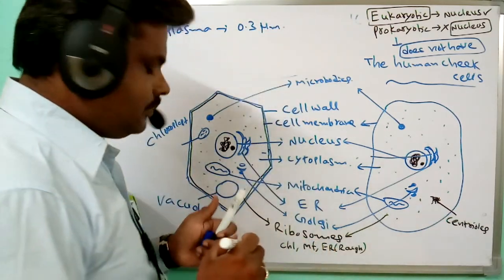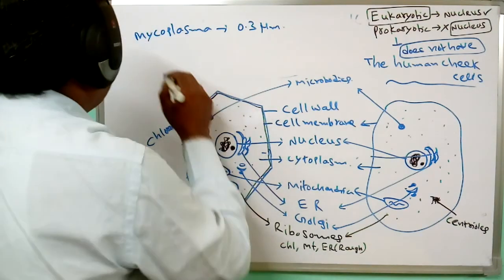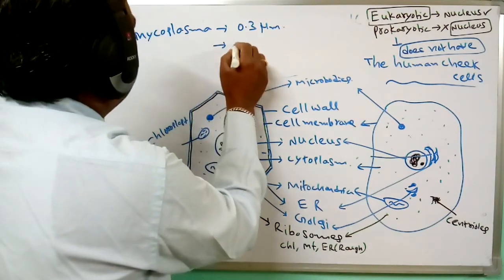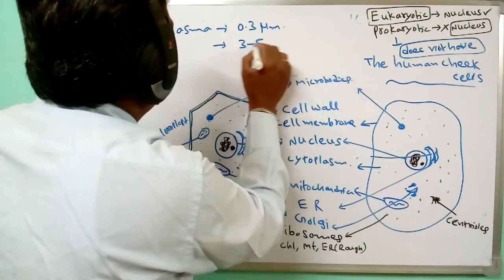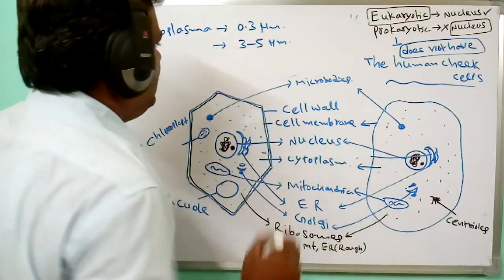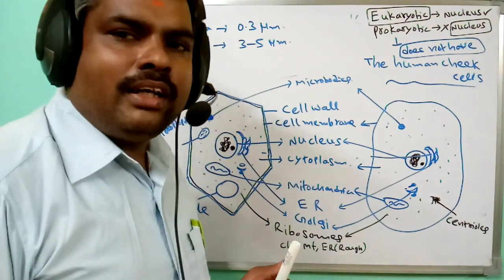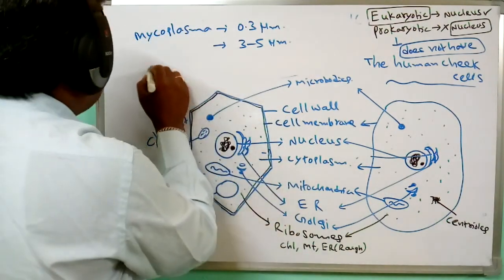The typical bacteria generally range from 3 to 5 micrometers in size.